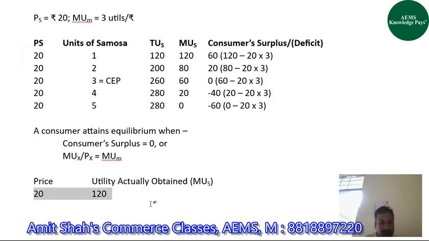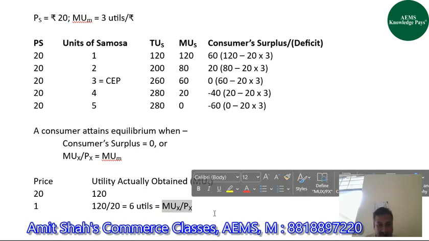So by spending rupees 20, he got 120 utils. So by spending rupee 1, he got 6 utils. Is it clear or not, guys? And that 120 upon 20, which is 6 utils, is nothing but MUX upon PX. That is the marginal utility obtained by consuming a unit of commodity X divided by the price of X.